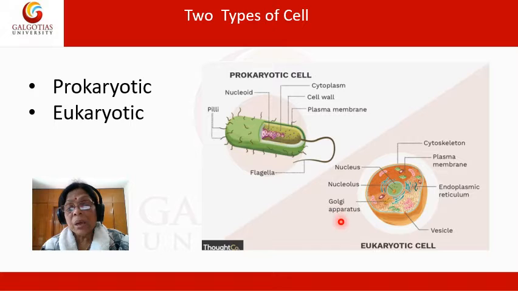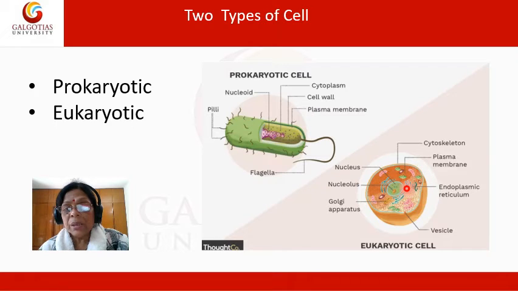Let us come to the eukaryotic cells, or the cells present in the higher organisms. This figure shows the structure of the eukaryotic cell. This is the cell membrane, nucleus, this is the nucleolus, and this is the plasma membrane, or we can say cell membrane.